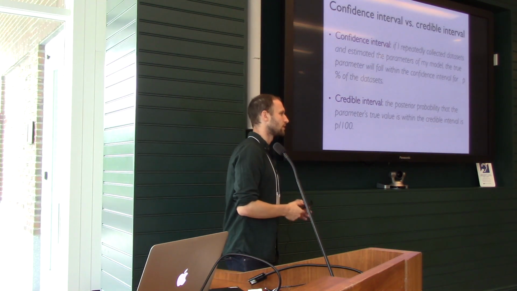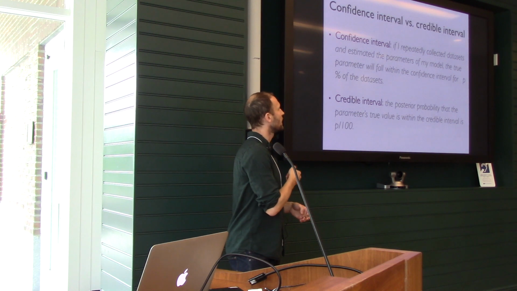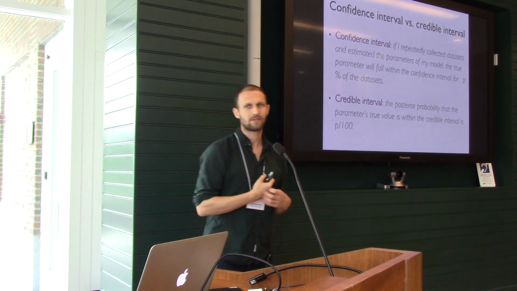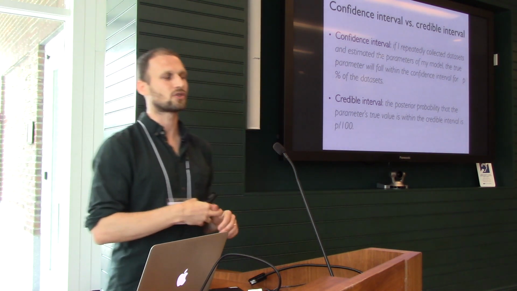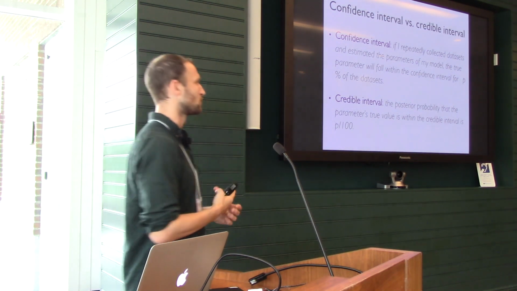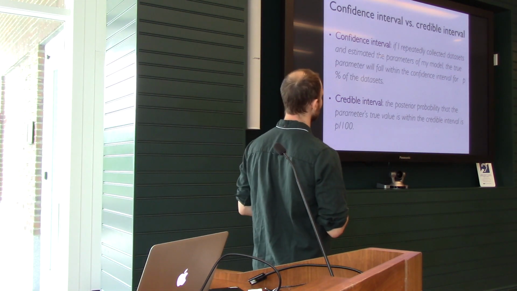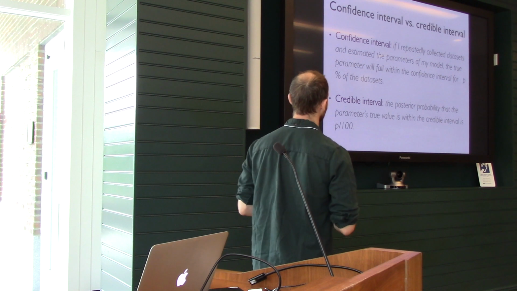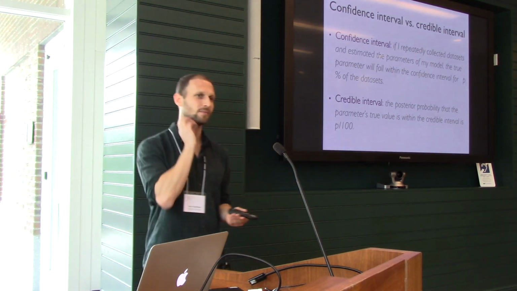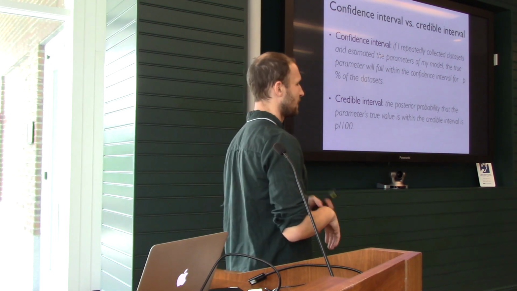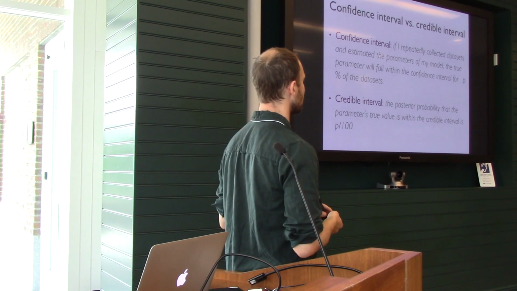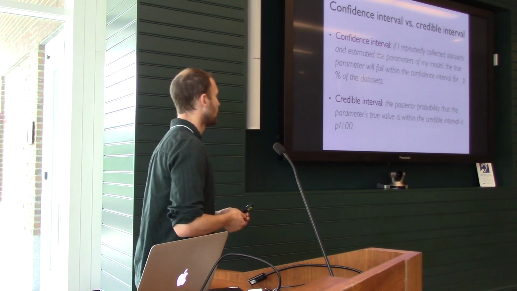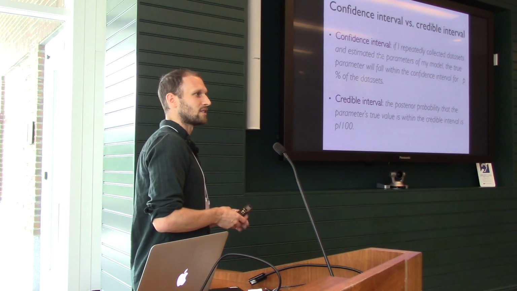So on the topic of uncertainty, the standard way in a frequentist context to quantify your uncertainty or variability, I hesitate to even use the word uncertainty here, is the confidence intervals. That's really saying that if I repeatedly collected a bunch of data sets and estimated the parameters of my model, then the true parameter would fall within that confidence interval some percentage of the time. With Bayesian analysis, it's quite different.